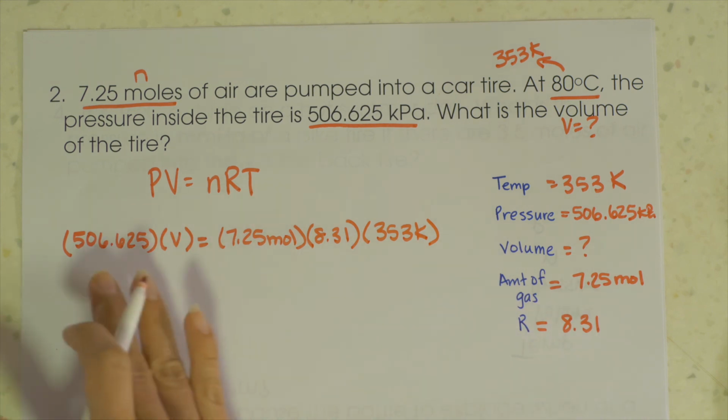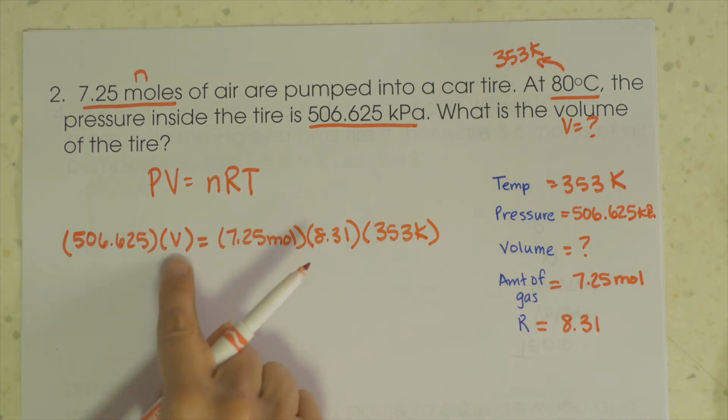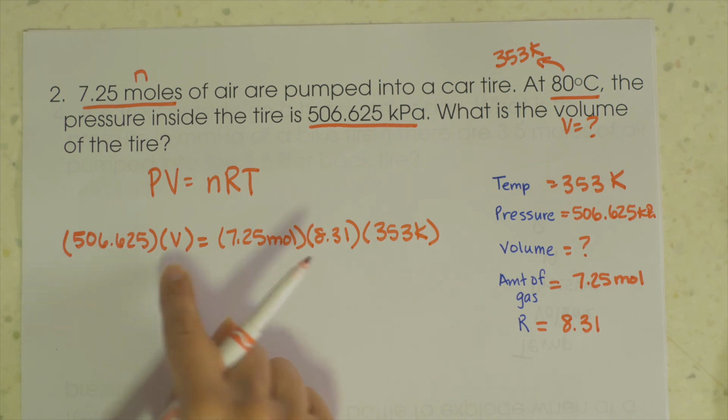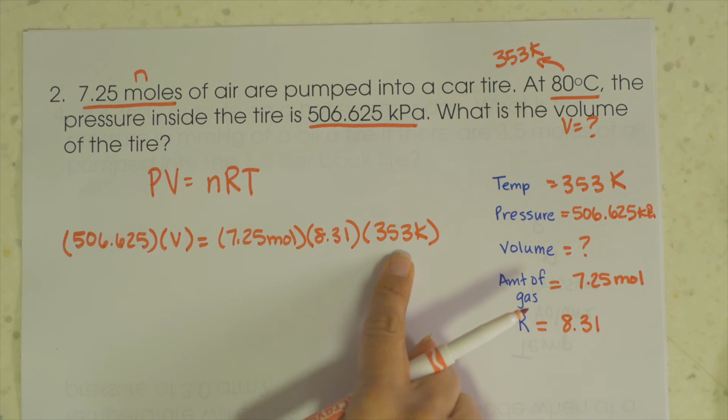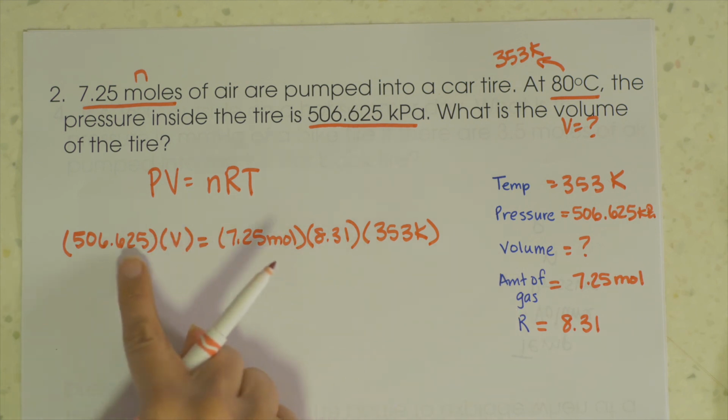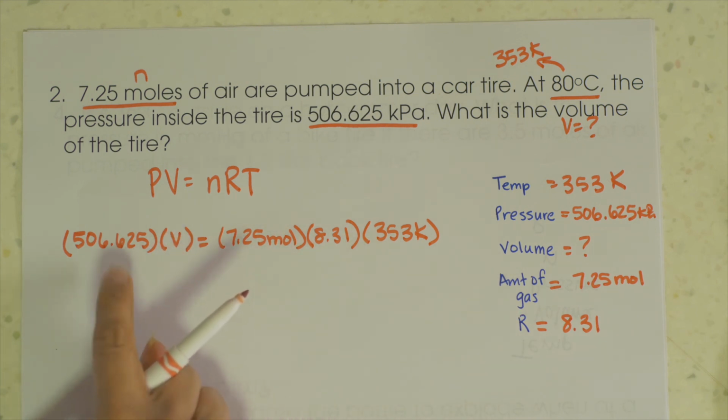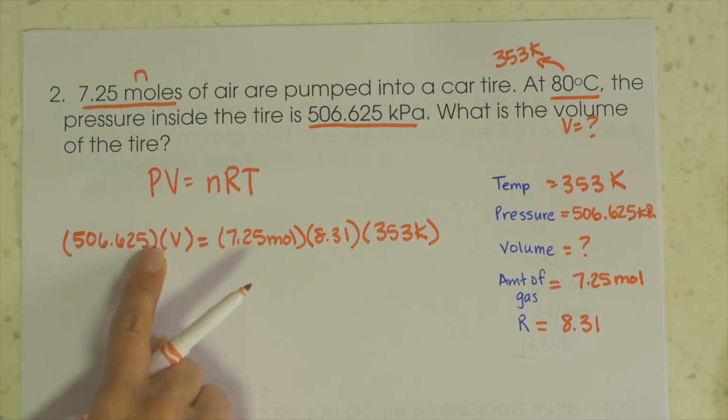Okay? Now, algebraically, we know that we need to isolate my variable. So in my calculator, I'm just going to say this times this times this, hit equal, and then divide by that to get my V alone, because these two are being multiplied by each other.